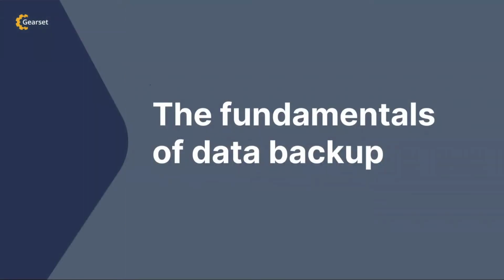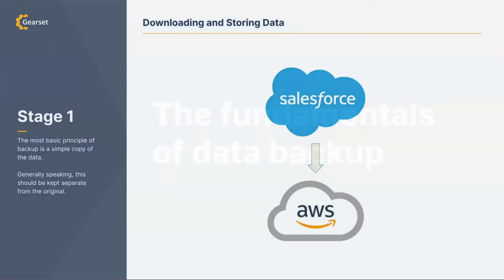So let's jump into the fundamentals of data backup then. This is going to take the form of three major components. The first one is the really obvious one, the one that everybody thinks about when you talk about data backup. It's downloading and storing data somewhere. Quite often, when you're a kid at school, you save your homework twice on the computer just in case you somehow lose one version of it.